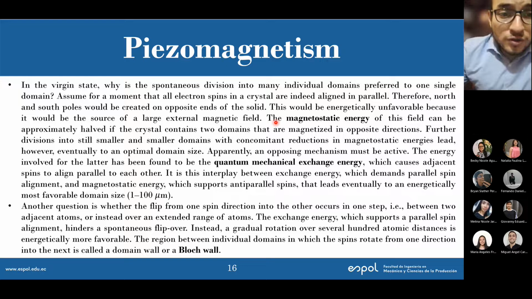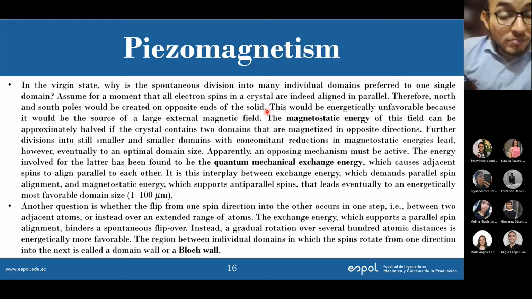Well, let's just assume that all electron spins in a crystal are indeed aligned in parallel to the external field. If I have that, I will actually have a dipole created, right? Because all of the spins are aligned parallel to each other.